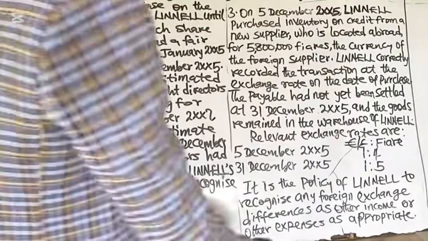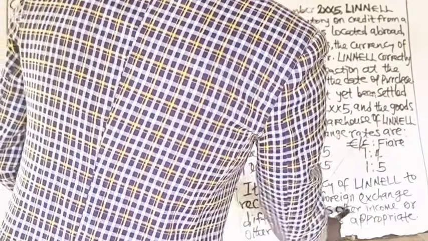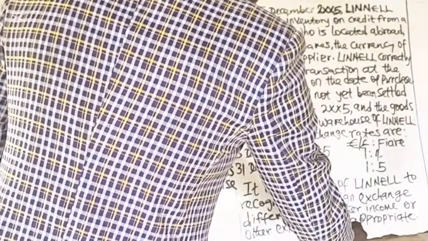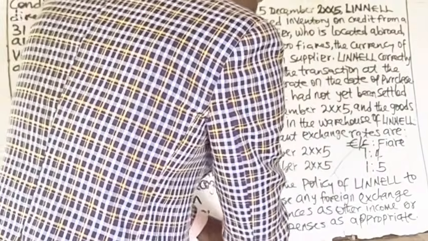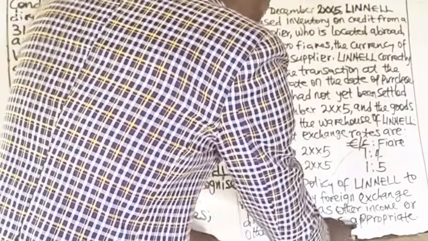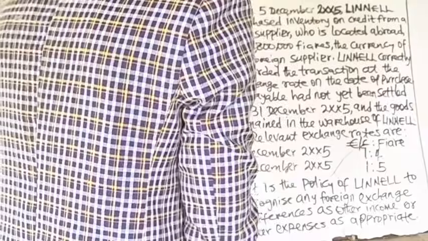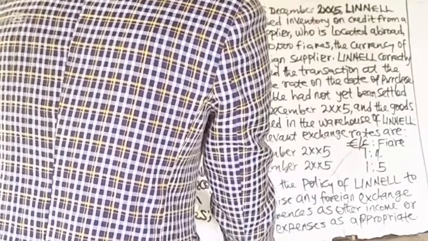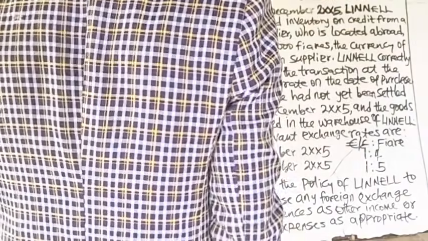That means if it is exchange gains, then you treat it as other income. But if it is exchange loss or deficit, you treat it as other expenses. So let's check if this will be treated as other expenses or other income.